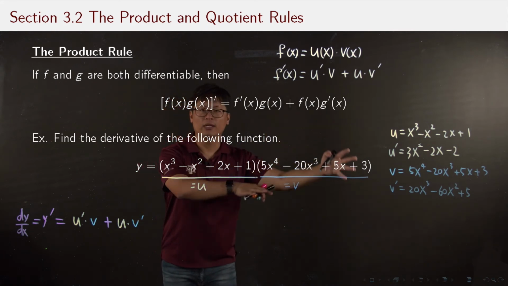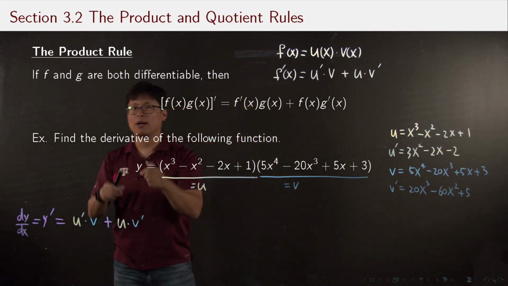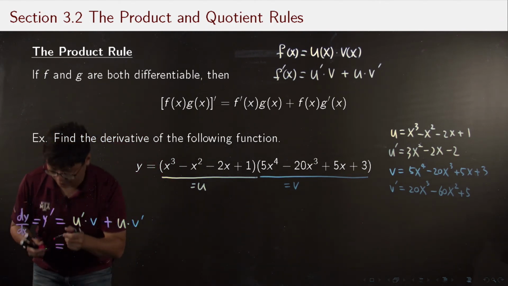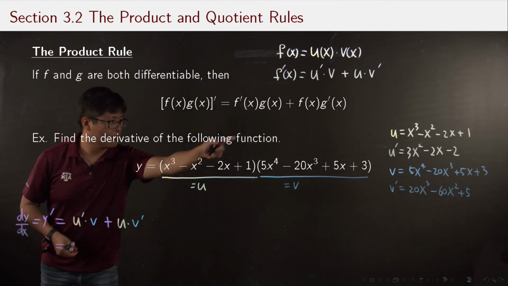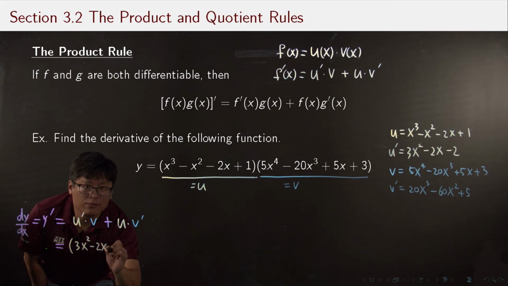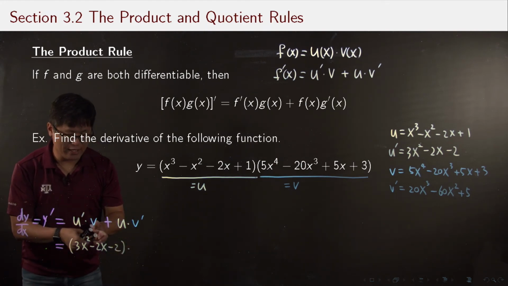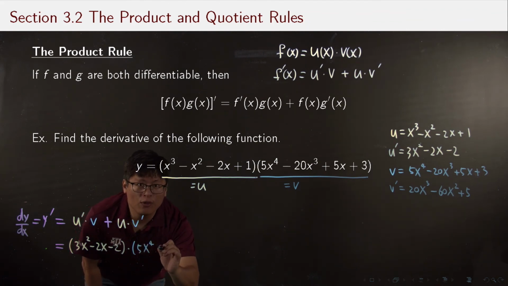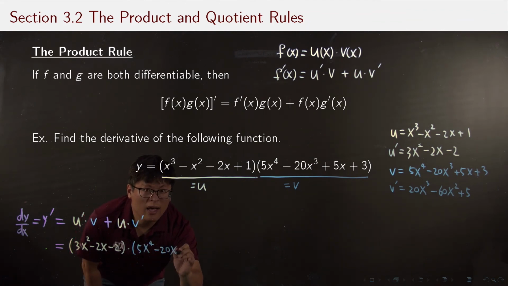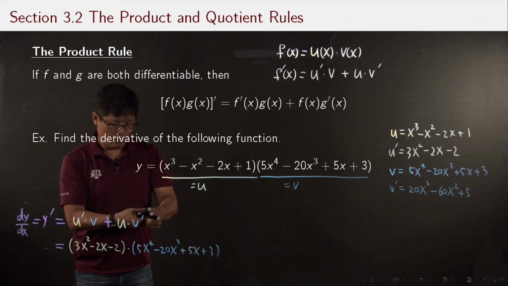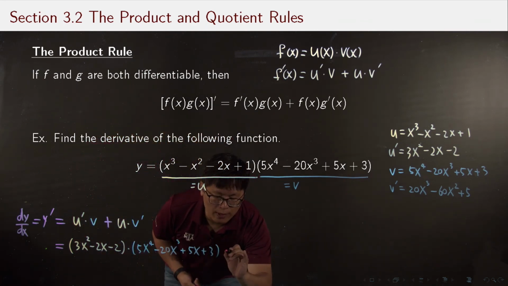Now plug all these pieces into my puzzle. It is equal to u prime: 3x squared minus 2x minus 2, times v, 5x to the 4 minus 20x cubed plus 5x plus 3, and it will be combined by plus because we are talking about the product.